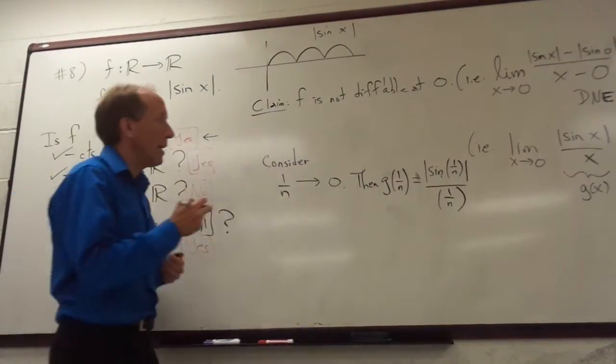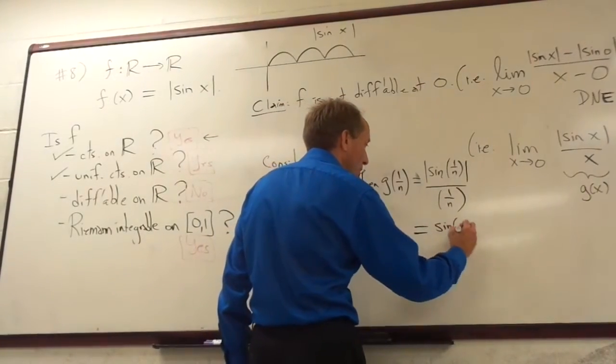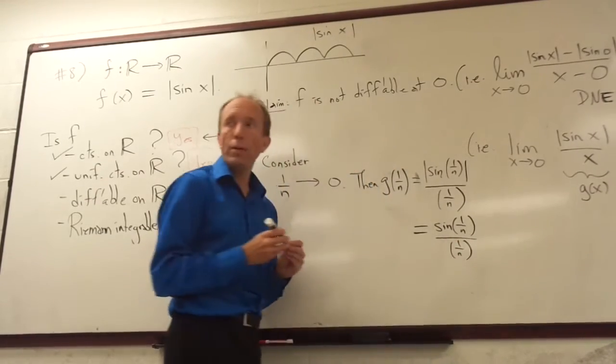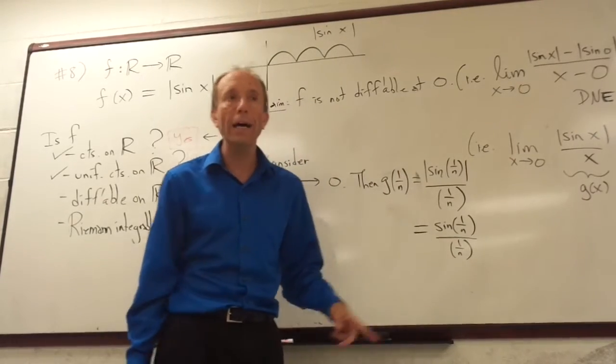And I don't need the absolute value bars on that because sine of 1 over n will be positive.